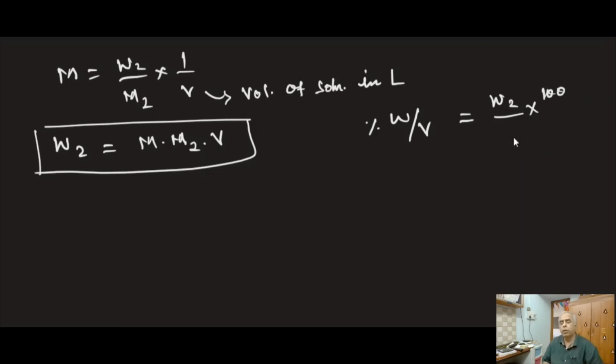So weight by volume percentage is nothing but W2 by V into 100, where V is given in ml, is it not? For example, when I say 5% NaCl solution, that means 5 gram is present in 100 ml of solution, is it not? Not 100 ml of water. So you have to always consider the made up volume of the solution.